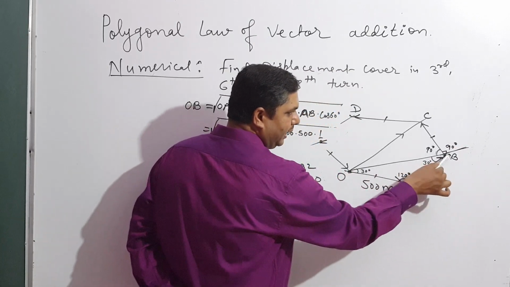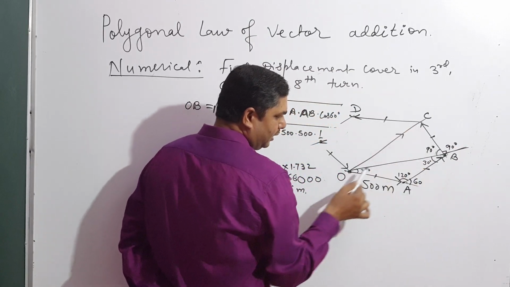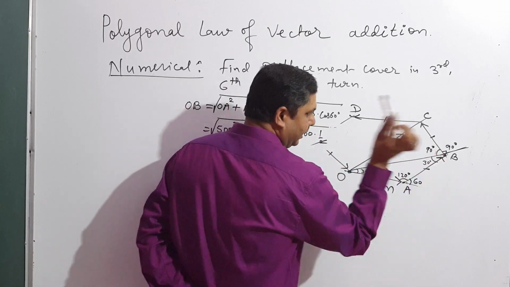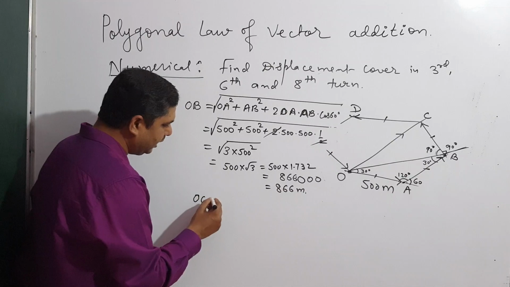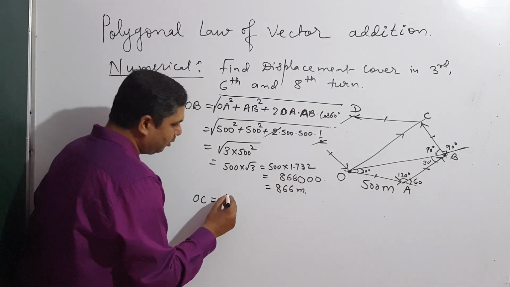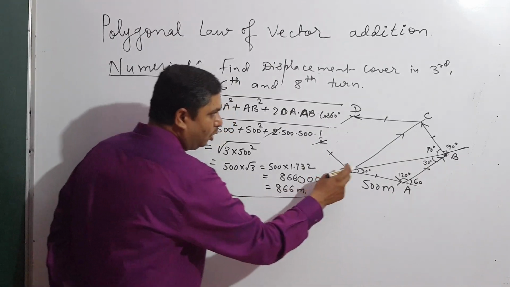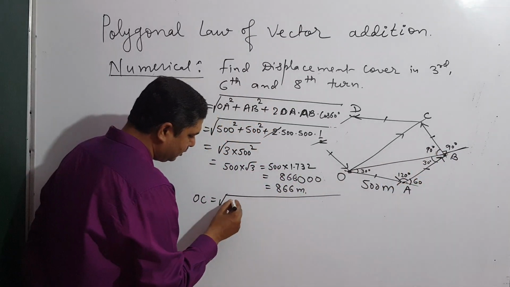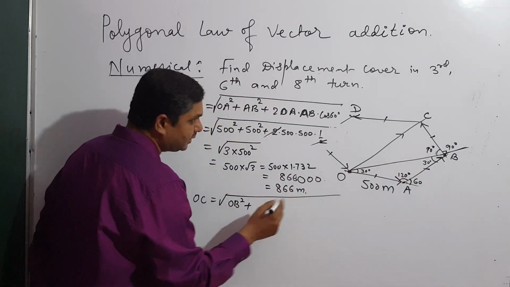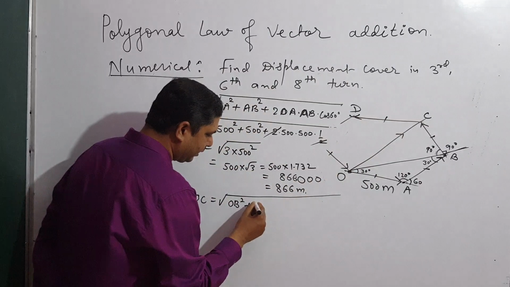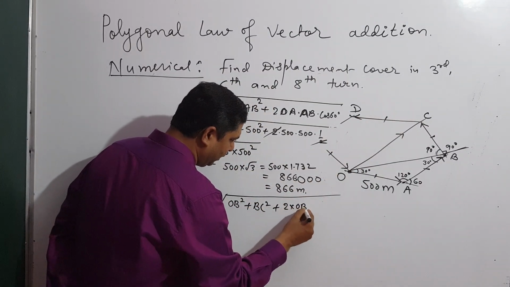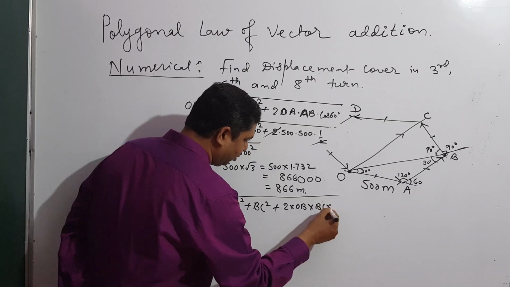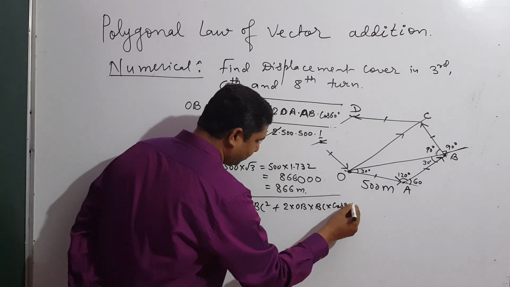Now the angle between OB and BC is 90 degree. So we have OC equals under root OB square plus BC square plus 2 into OB into BC into cos 90.